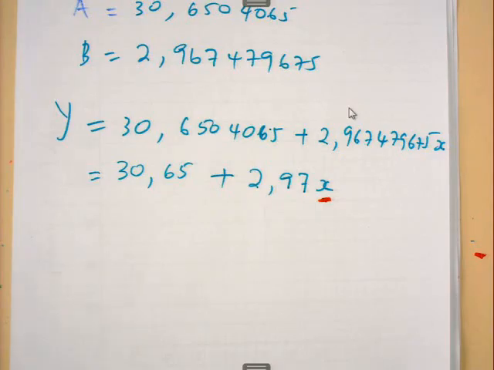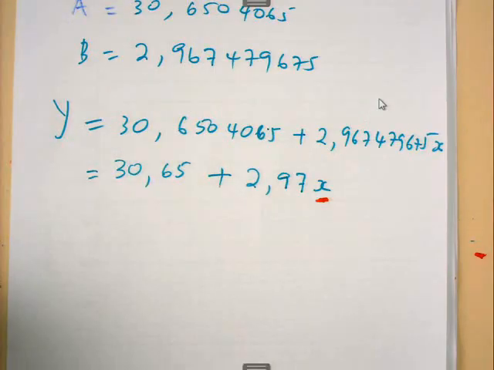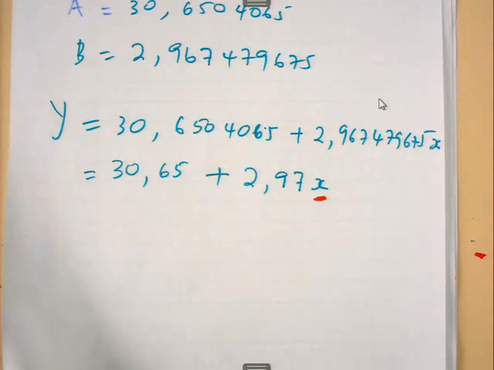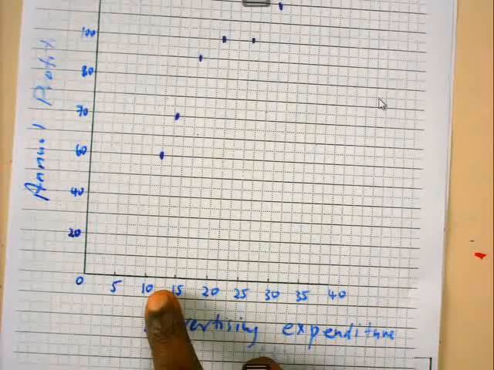On the calculator again, I put in our equation, 30.6504065 plus 2.967479675, and brackets. Now I'm putting the value of x on the calculator. I check my scatter plot and take any value for x, let's say 10 for instance.